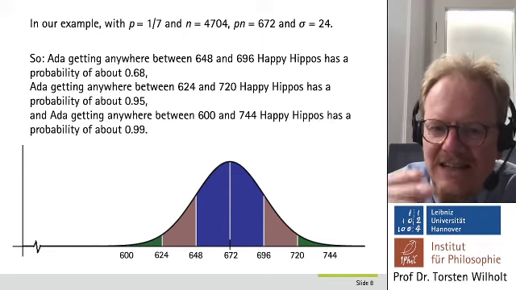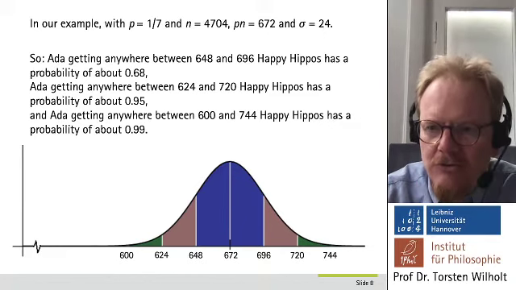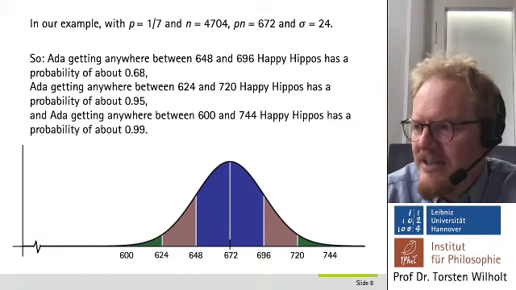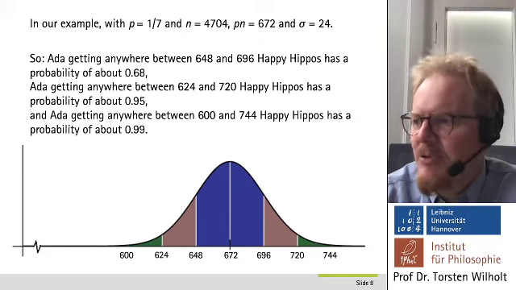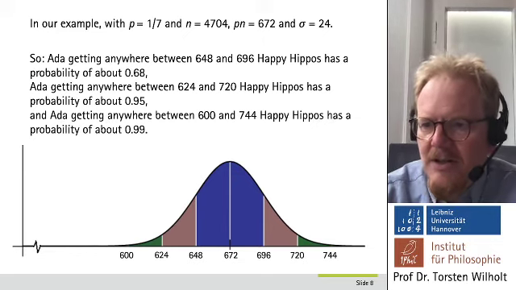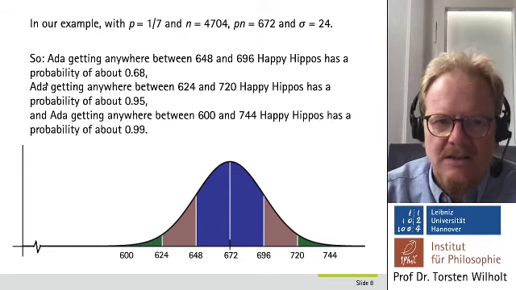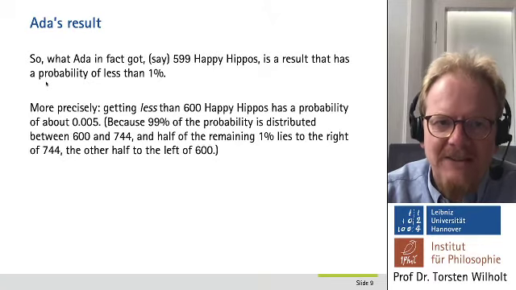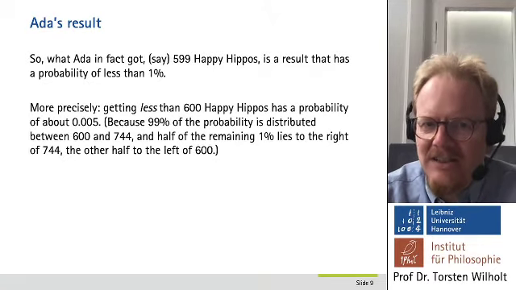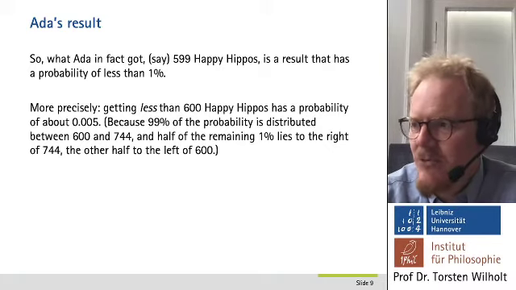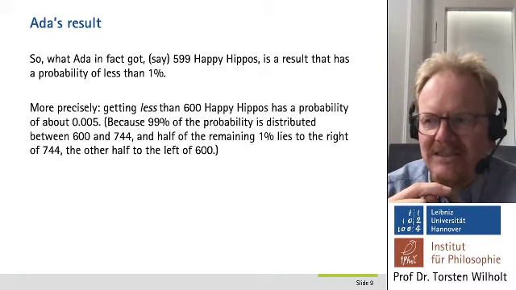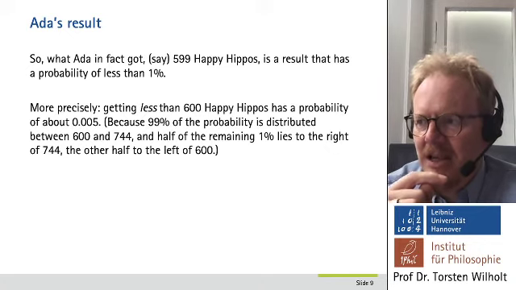What that means is that if it's actually true that there's a happy hippo in 1 in 7 eggs, then something very improbable has happened. So what Ada in fact got, say 599 happy hippos, is a result that has a probability of less than 1%, given that there is actually a happy hippo in 1 in 7 eggs.